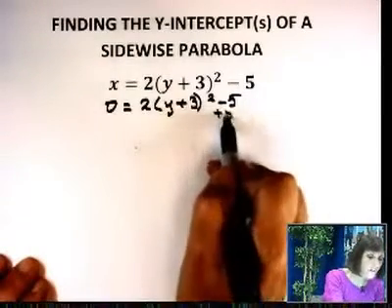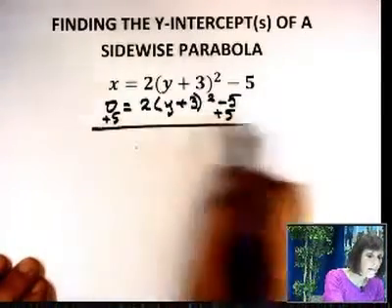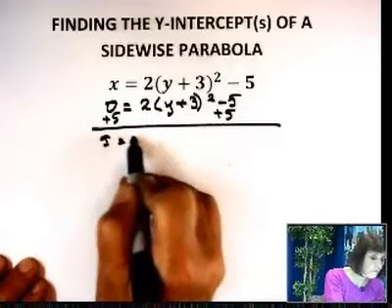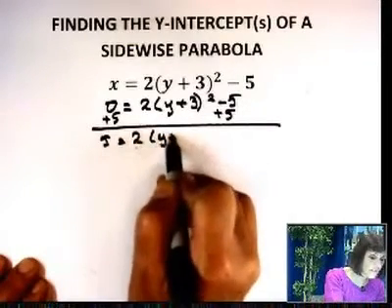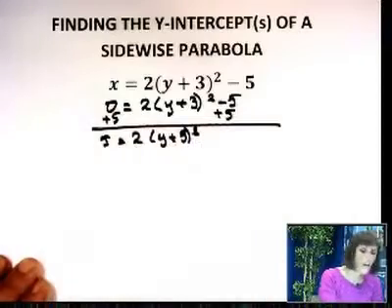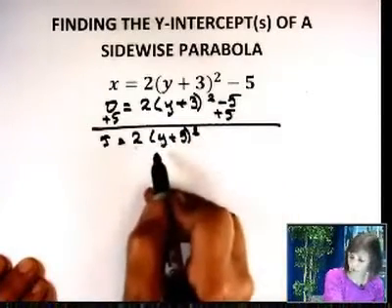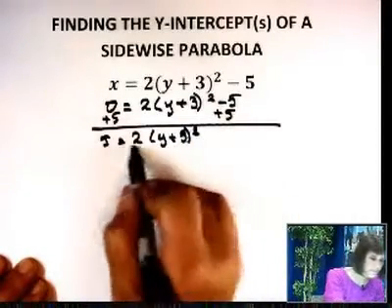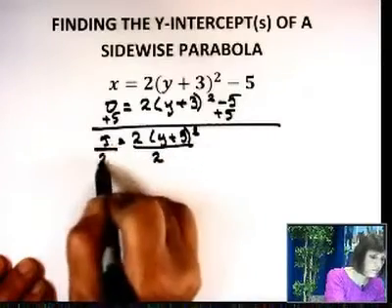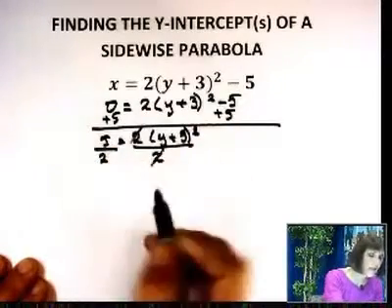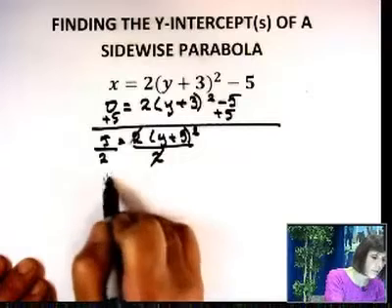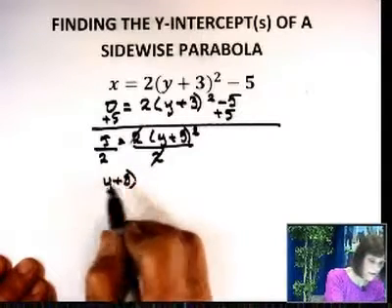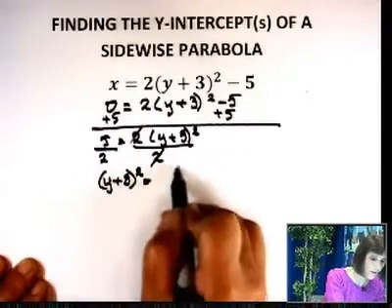So add 5 on both sides. So you have 5 equals 2 times (y plus 3) squared. Now divide both sides by 2. Okay, and you're going to have (y plus 3) squared equals 5 over 2.